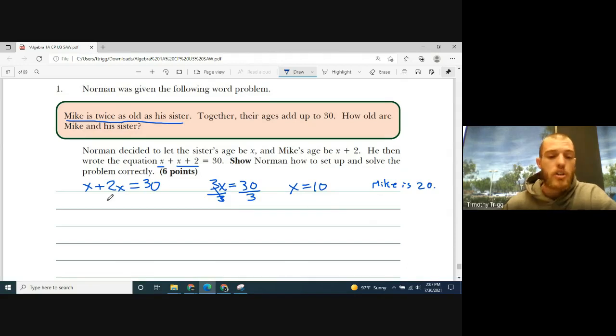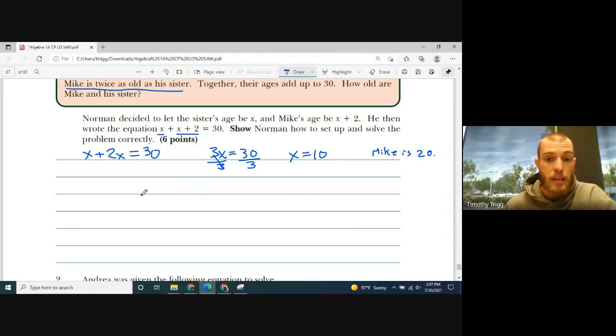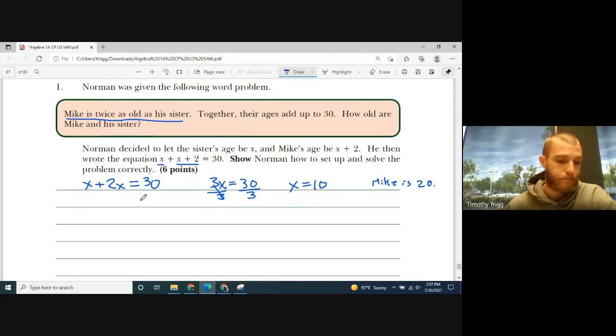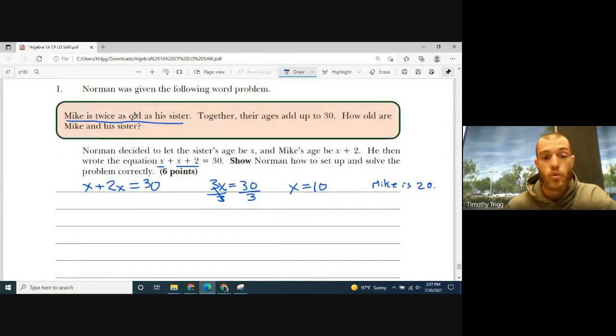I want you to complete that in a complete sentence and say Mike is 20 years old in this case, and his sister is only 10. Notice that Mike is twice as old as his sister. That's true, 20 is twice as much as 10. And together their ages add up to 30. That's true as well.